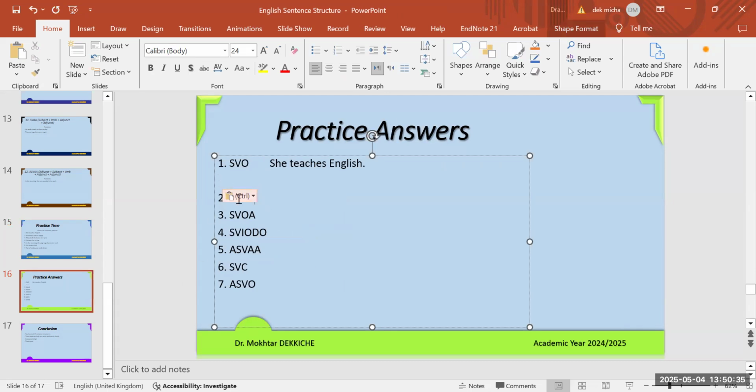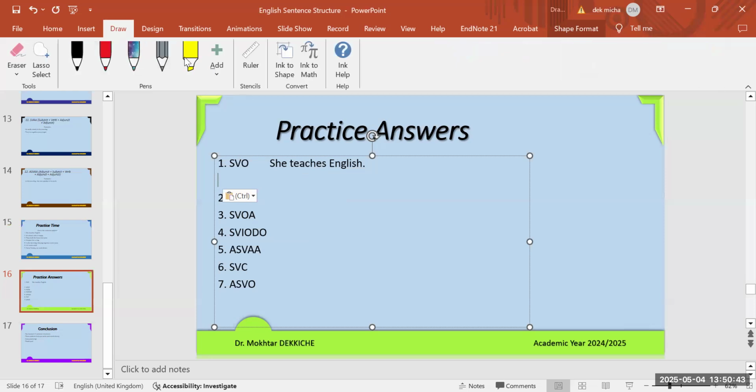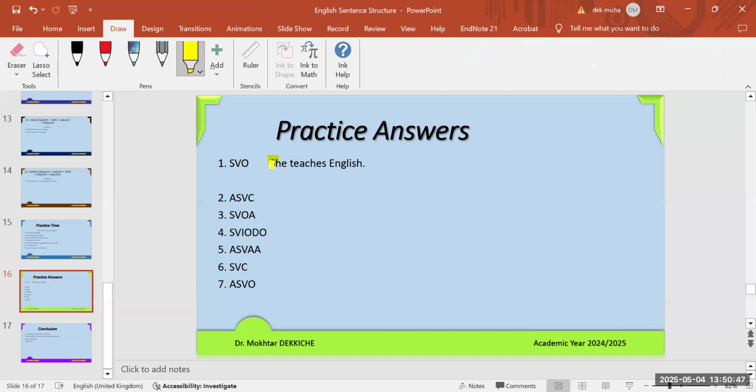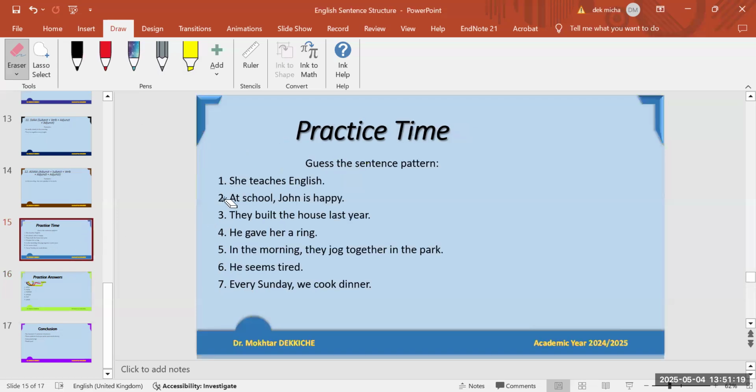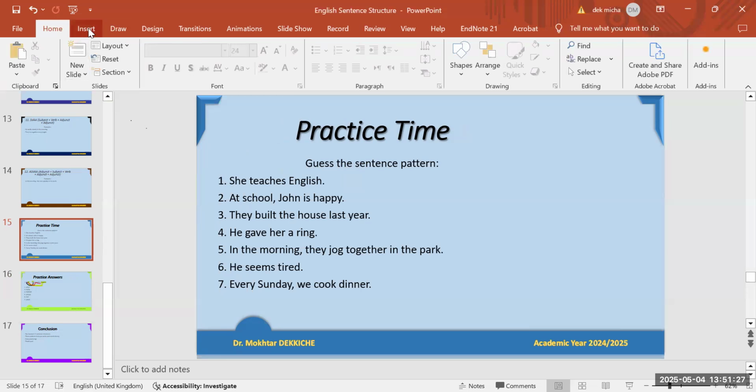She is the subject, the verb is to teach, and the object is English. What about the second sentence?